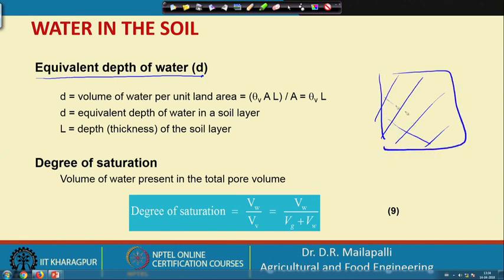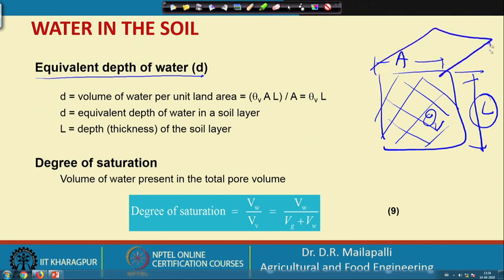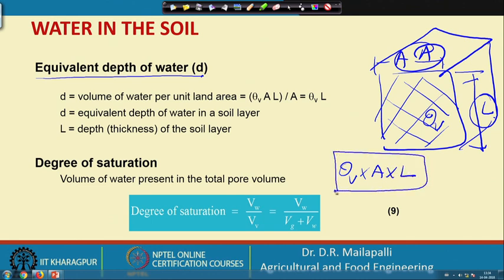If you know the soil moisture theta v in volumetric basis, and the soil depth is L, and this is the area, since you have three dimensions, then the volume is theta v into area multiplied by L. This gives the total volume of water in the soil. Divided by area, you get theta v into L.